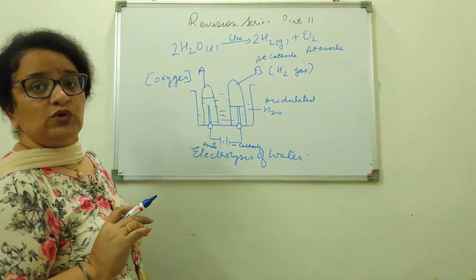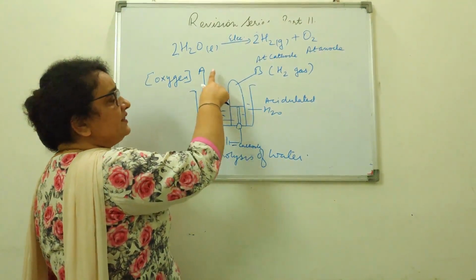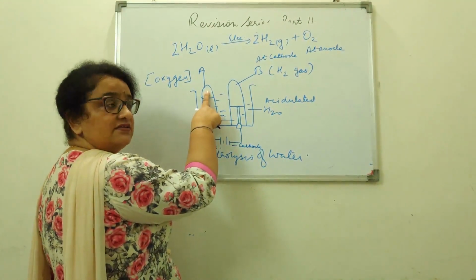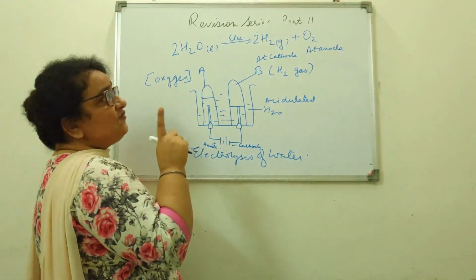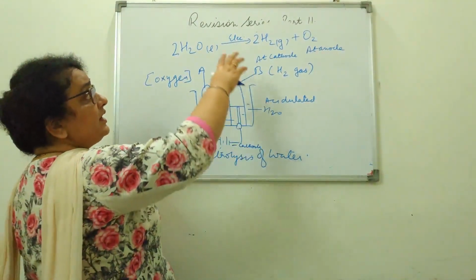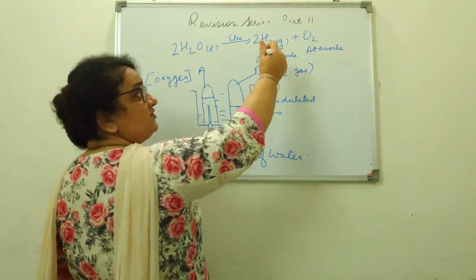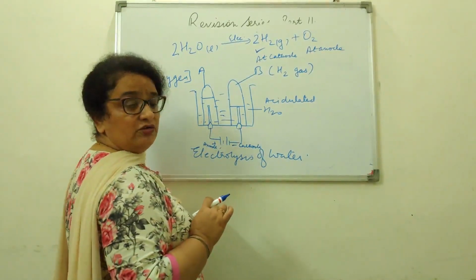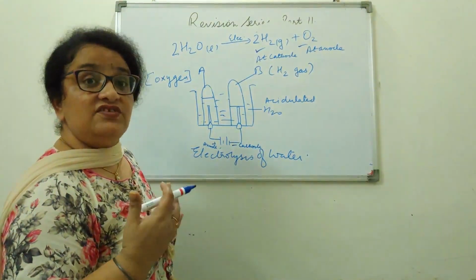Now the next part of the question is, why is the volume of B double the volume of A gas? As you can see, this is what you have to answer. As we see from the equation, on electrolysis of water, we get 2 volumes of hydrogen and 1 volume of oxygen. So it's double.